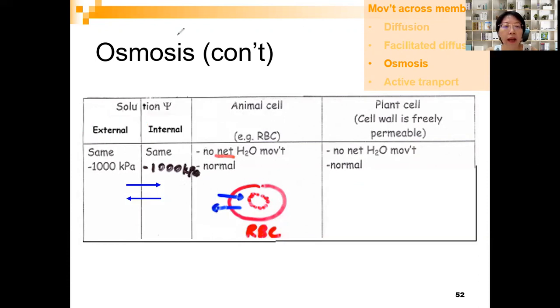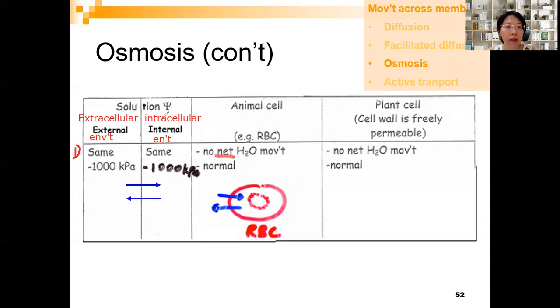I prefer external environment, or extracellular fluid, and this is intracellular fluid. So external and internal environments with respect to the cell.